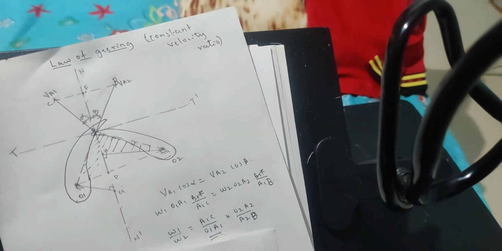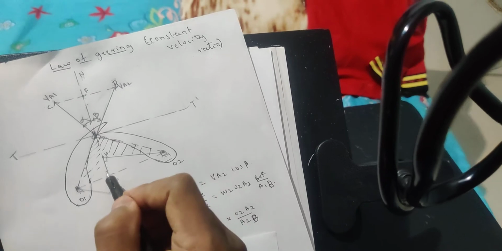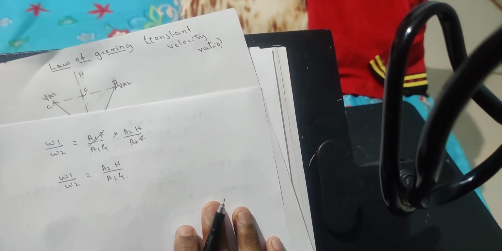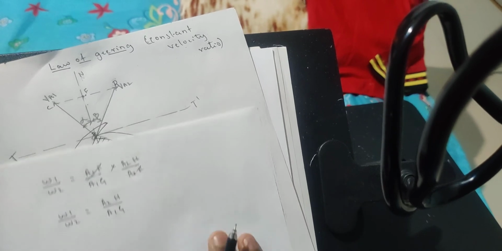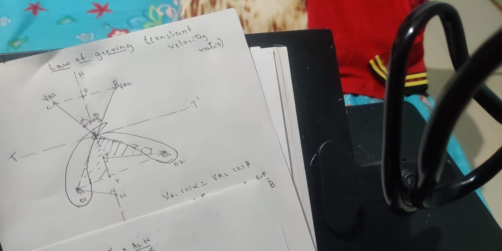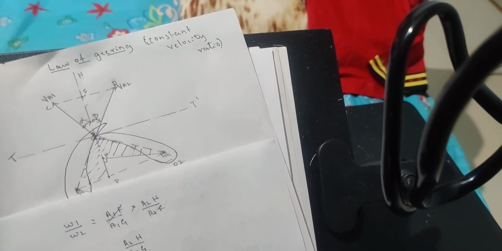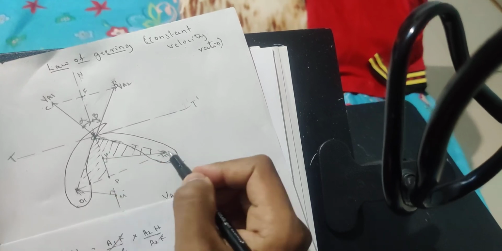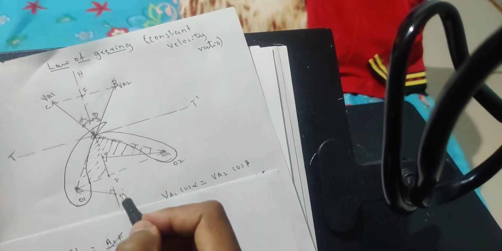When I take these two triangles, what I'll be getting here is A2H upon A1G, which is equal to O2H upon O1G.